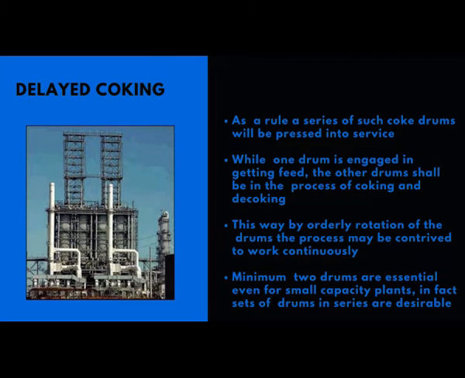For example, 6 coker drum plant, 8 coker drum plant, etc. The coke is solidified in the coker drum, and to remove it we have to employ a lot of laborers. The removal of coke is done through water jets, and of course today a lot of automation is being put into use, but compared to other units this is still a labor intensive unit.